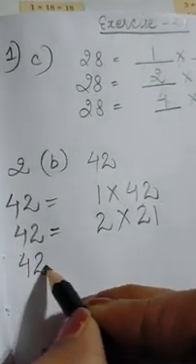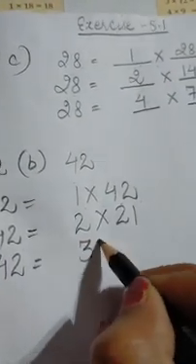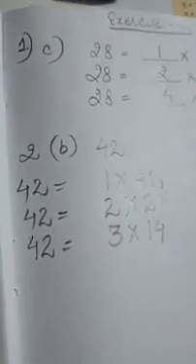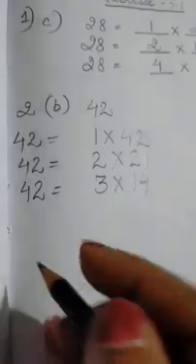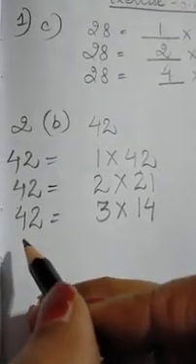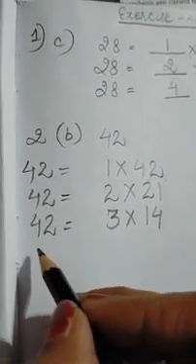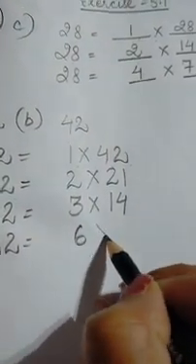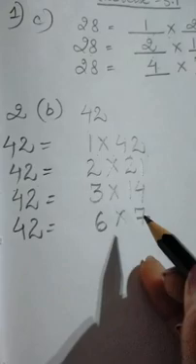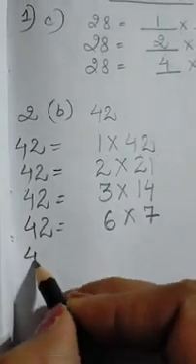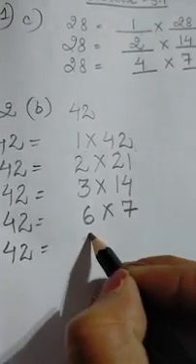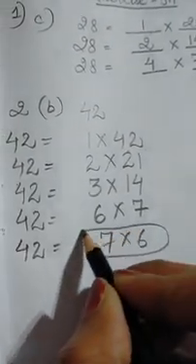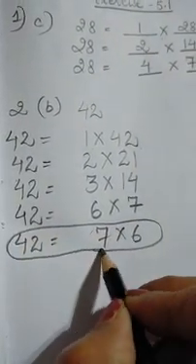Then 14 threes are 42. Then it is not coming in the table of 4. Then 5 also, 42 is not there. Then table of 6, we will write 6 sevens are 42. Then if we write again, we will get 7 sixes, and here you can see these start to repeat, so we will stop here.